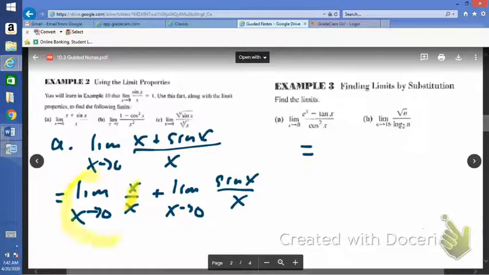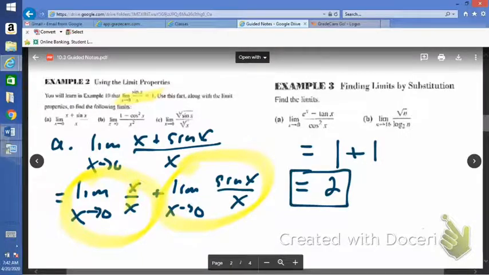So this whole limit right here is going to be 1. The limit as x approaches 0 of sine x over x, what does that equal? Well, the problem tells us that that equals 1. So we have 1 plus 1. So our limit for problem A is going to be 2.